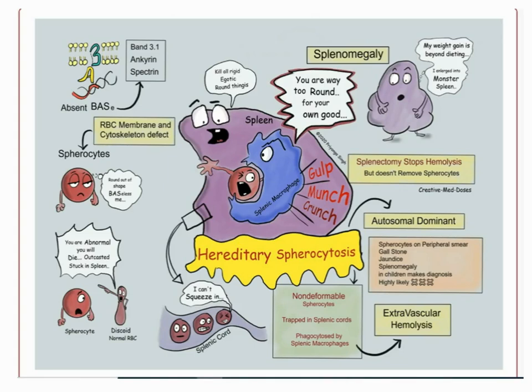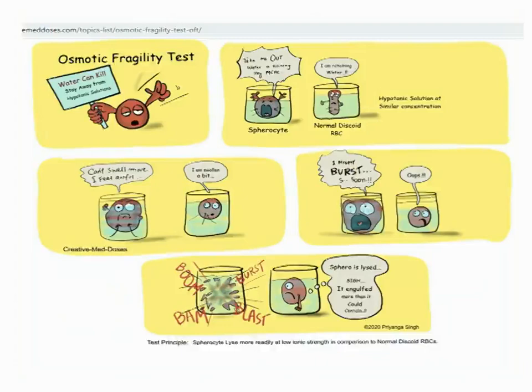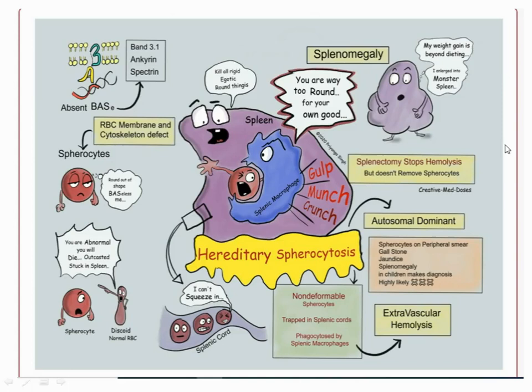So the patient complains of splenomegaly, a monster spleen which eats more RBCs, jaundice and gallstones due to hemolysis, and anemia due to extravascular hemolysis.